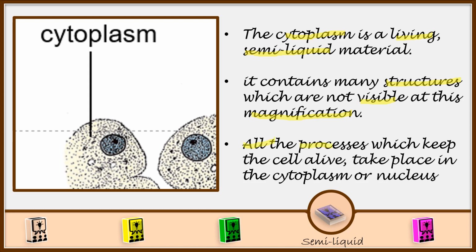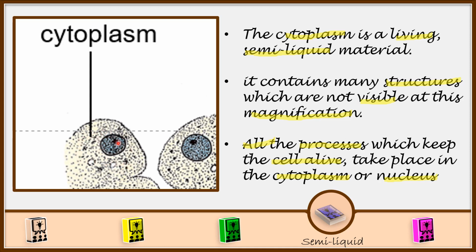All the processes which keep the cell alive take place in the cytoplasm or the nucleus. There are very many processes that occur in the living organism: respiration, excretion, all those ones, they take place in the cytoplasm.